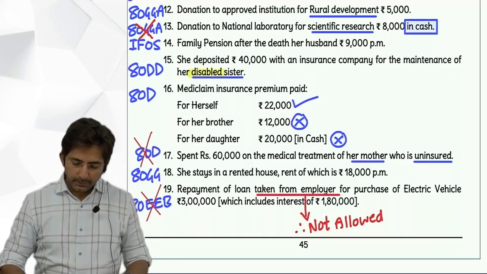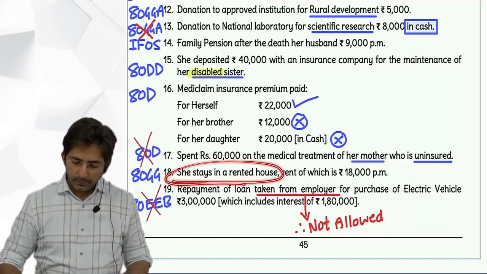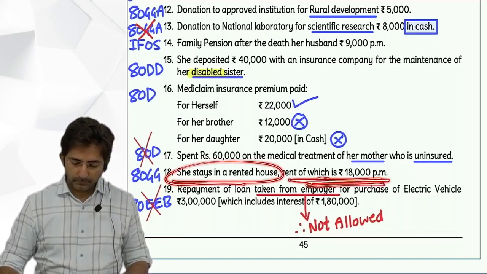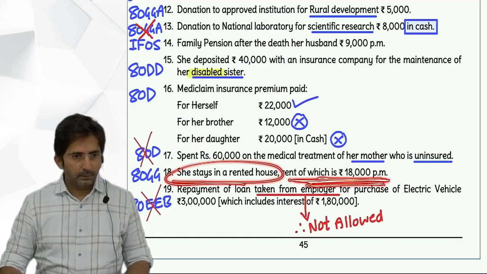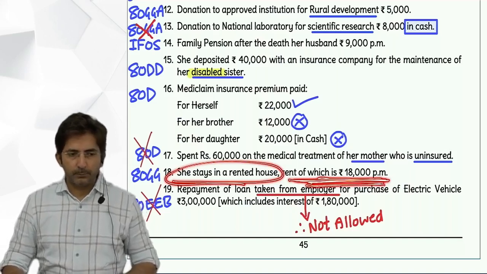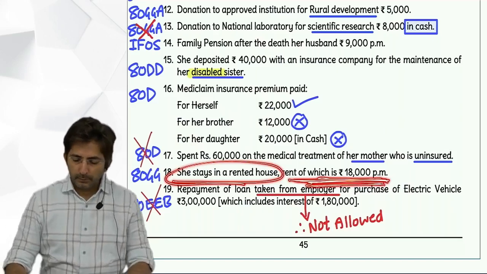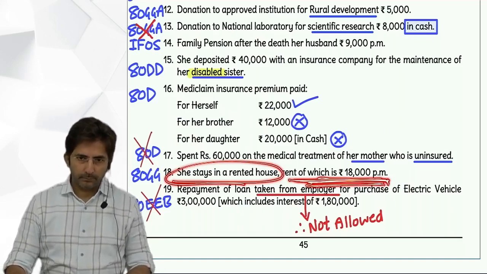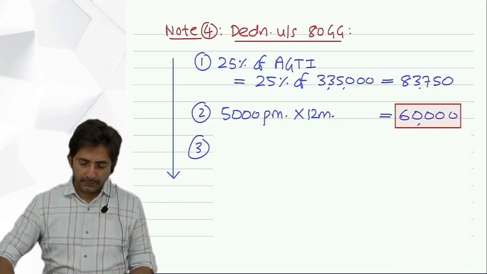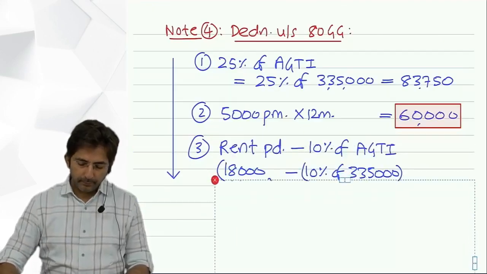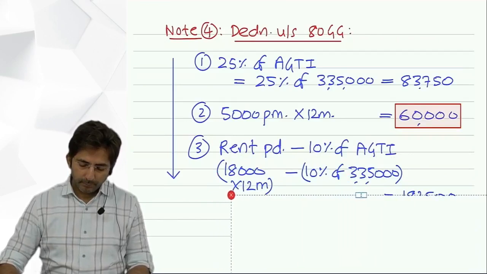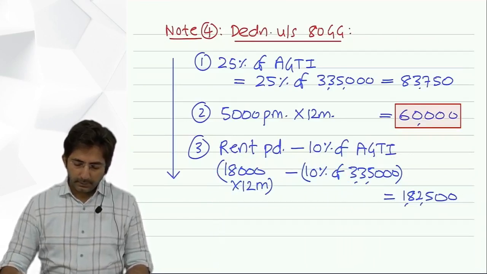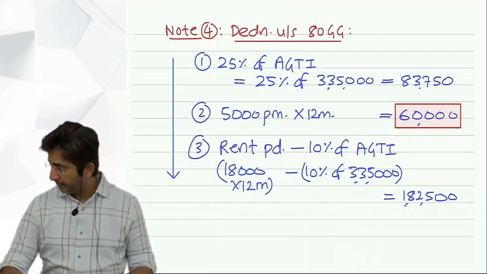See here it is given, she stays in a rented house, rent of which is 18,000 per month. So rent paid is 18,000 per month multiplied by 12. So that's our rent paid, minus 10% of AGTI.